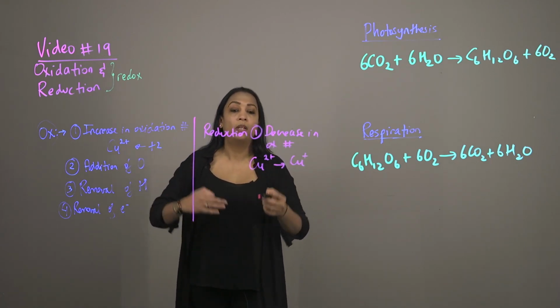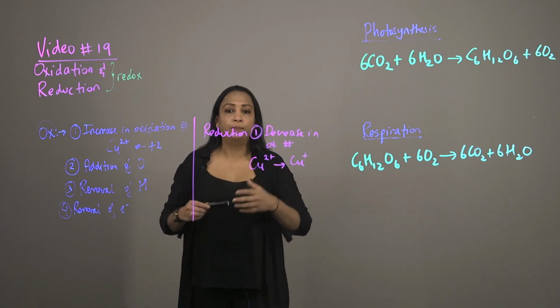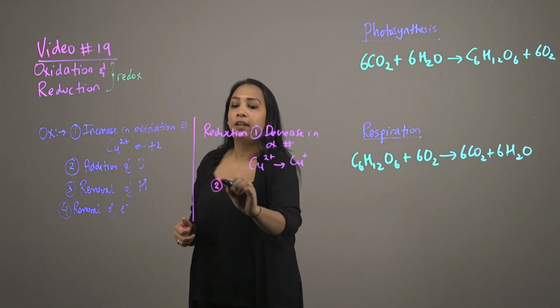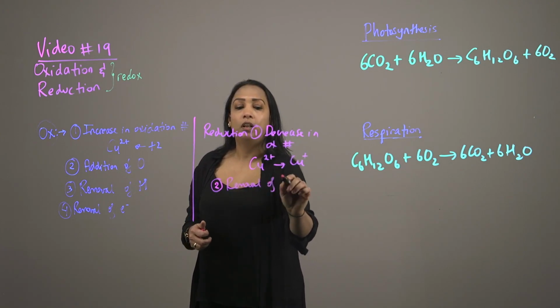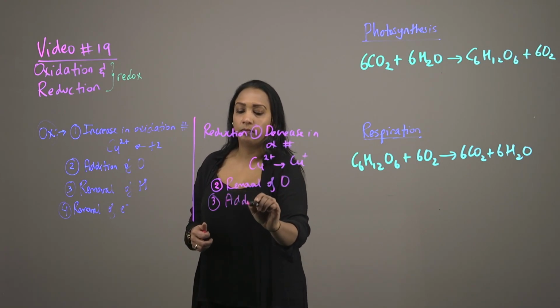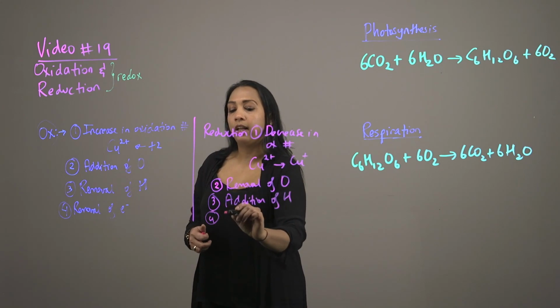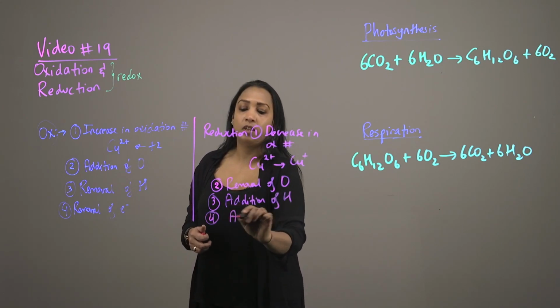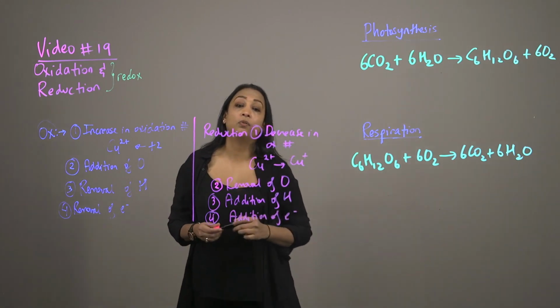So we're going from a high valency to a low valency. So similarly, we can define reduction as the removal of oxygen, as the addition of hydrogen, and finally as the addition of electrons to a species.